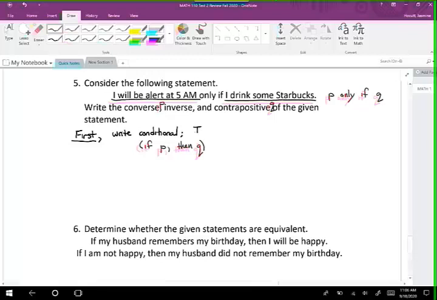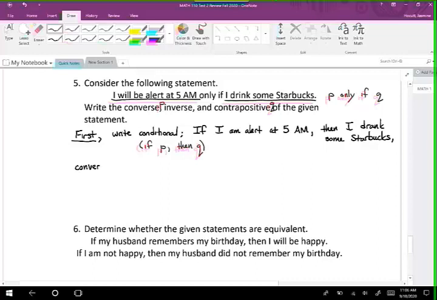So in other words, the sentence would be, if I am alert at 5 a.m., then I drank some Starbucks. Like that's why I was alert. Okay, so that's the if P then Q statement, and we can use that to get the converse, the inverse, and the contrapositive.